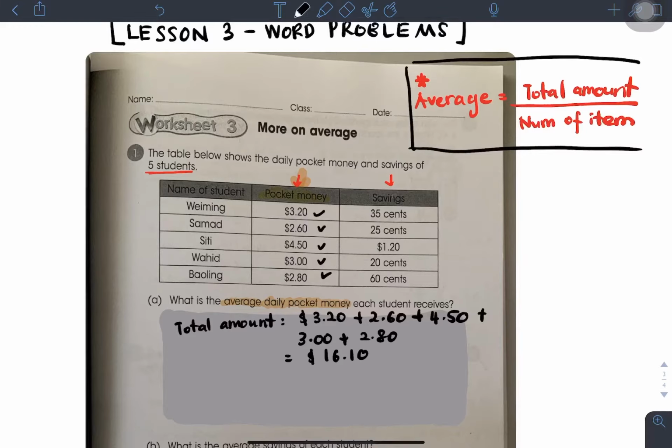So this is the total amount. Next we need to find the number of items. How many of them? There are 5 of them. So the number of items is equal to 5.